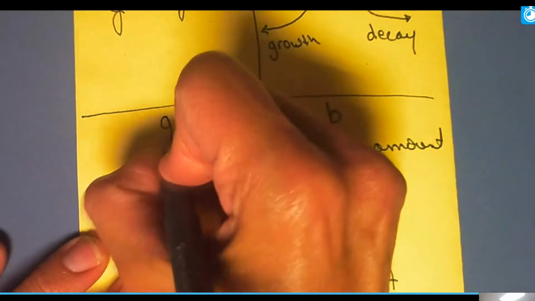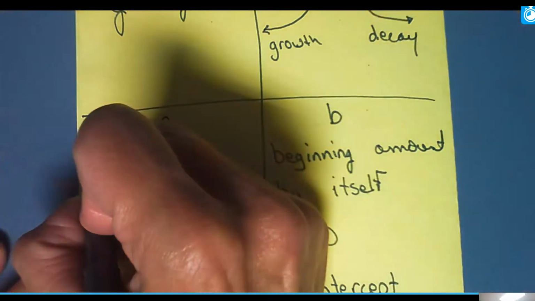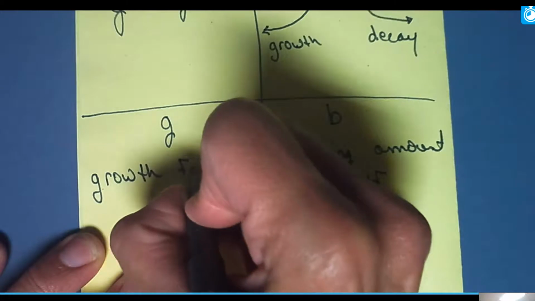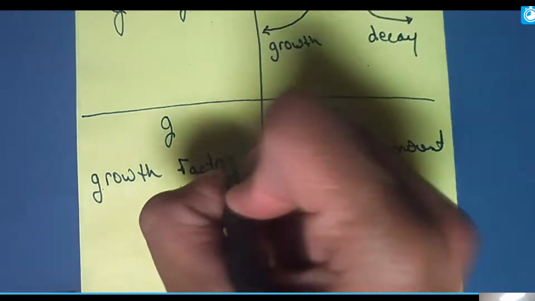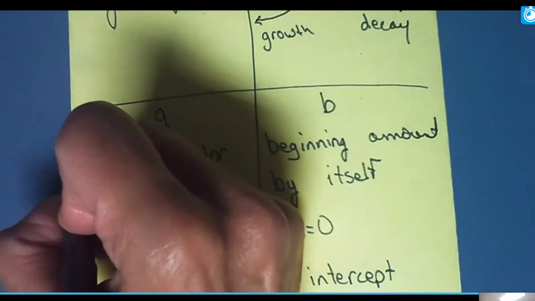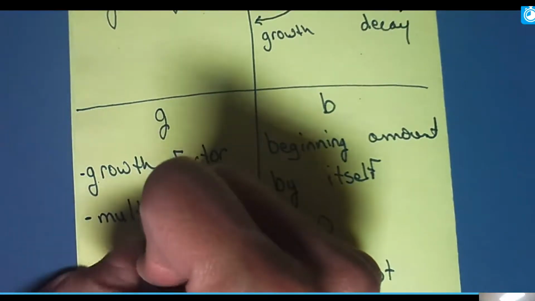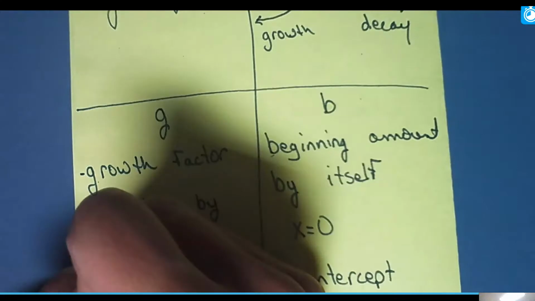So it's the g that we're going to actually add a little bit more to. So g is known as the growth factor. G is technically what you multiply by each time.